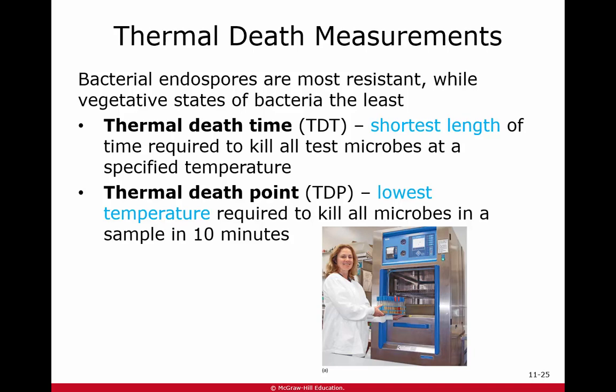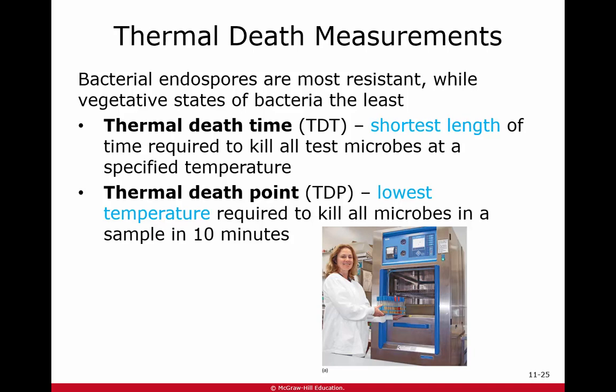This is the shortest length of time that it's going to take to kill a microbe at a specific temperature. When those microbes are shipped to us from the lab, remember we told you they tell us the temperatures they prefer, the pH they prefer, and they also tell us the thermal death time. So basically how long it's going to take to kill them. The shortest length of time at a specific temperature will kill that microbe.